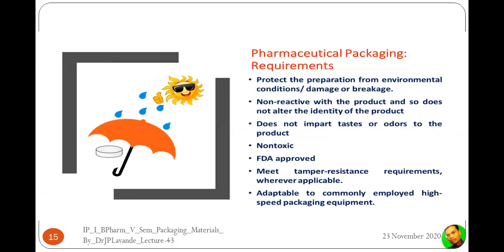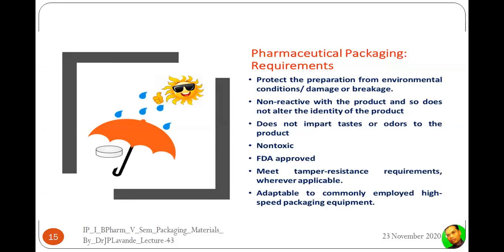It should be adaptable to the commonly employed high speed packaging equipment. Let's say, for example, in the case of tablet packaging, because the process of tablet packaging and capsule packaging occurs at a very high speed, it should have sufficient strength so that it does not undergo breaking every time. It should form the suitable shape as per the requirement with the help of the equipment.